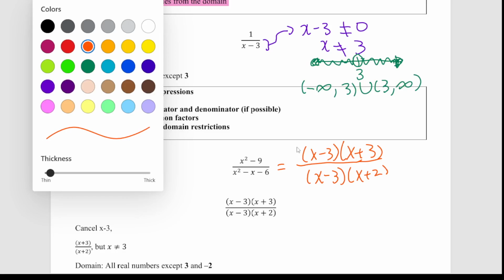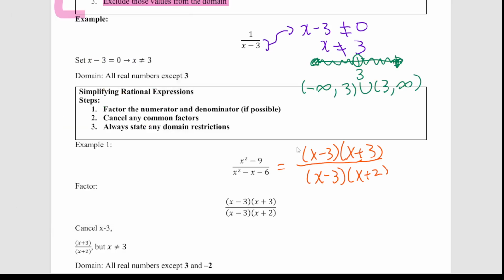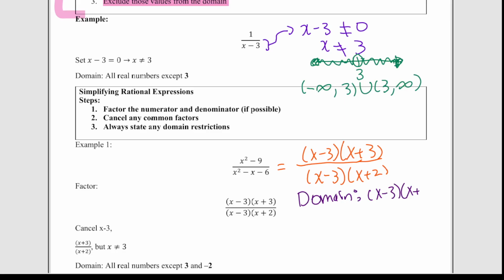Now you want to note the domain before you start doing any simplifications. So domain-wise, we need, again, that denominator to not equal 0. So I have parentheses x minus 3, parentheses x plus 2 cannot be 0. Now, whenever you have something factored out like this, what you're going to exploit is what's called the zero product property.